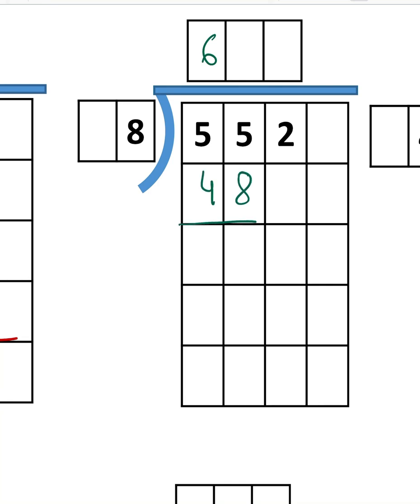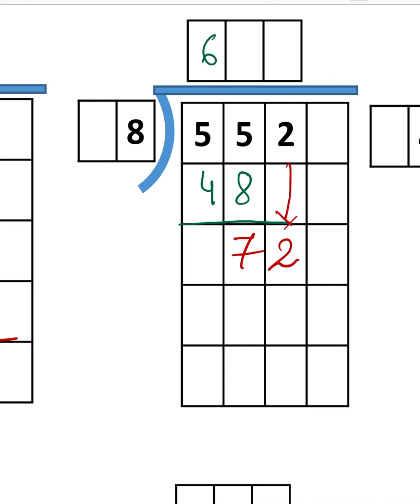48. Now we subtract, so you can see here 8 and 5 means 15, that means 7. And this 2 will come down, because 7 is lesser than 8.